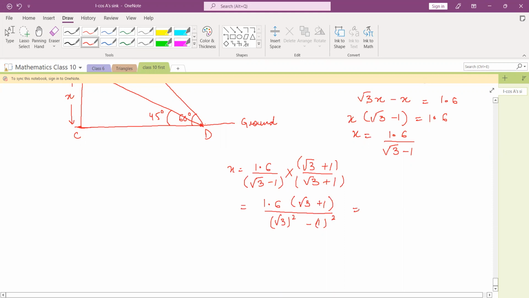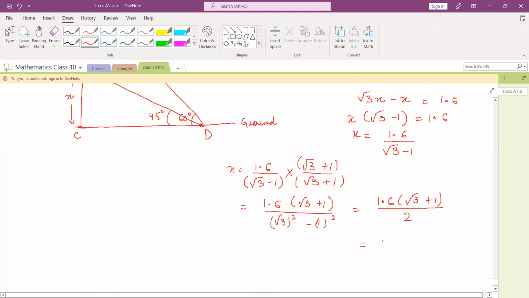So this will be 1.6 into under root 3 plus 1, divided by, root 3 square is 3, and 3 minus 1 is 2. Now you can divide this 1.6 by 2.